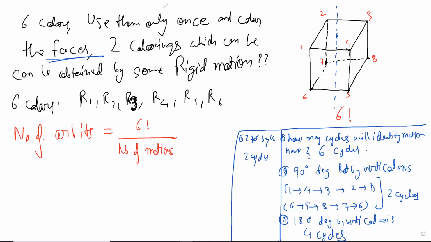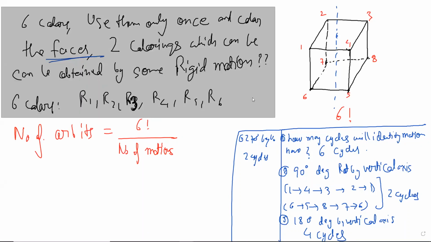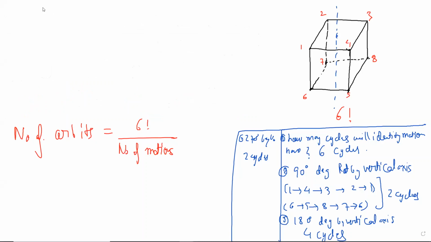Okay. 270-degree is not same as 90 degrees because with 270-degree, one is going to 2. No, sorry. It is opposite. It's anti-clockwise by 90.